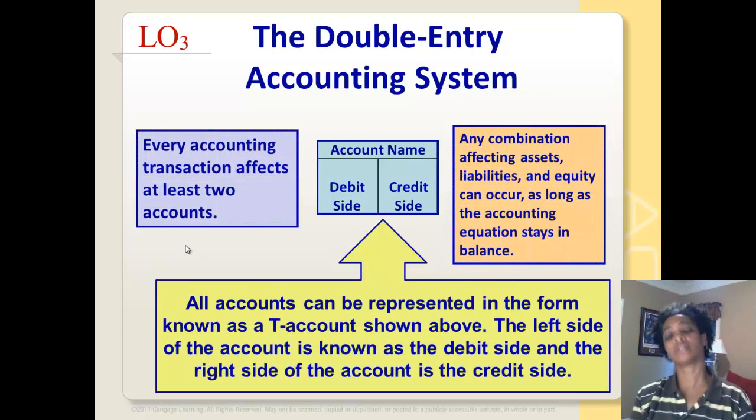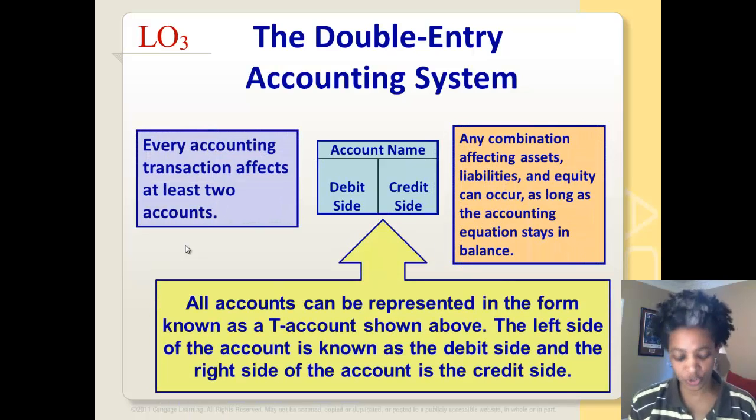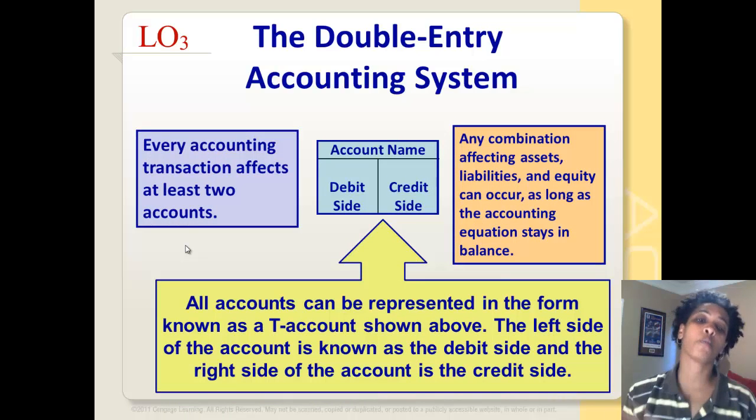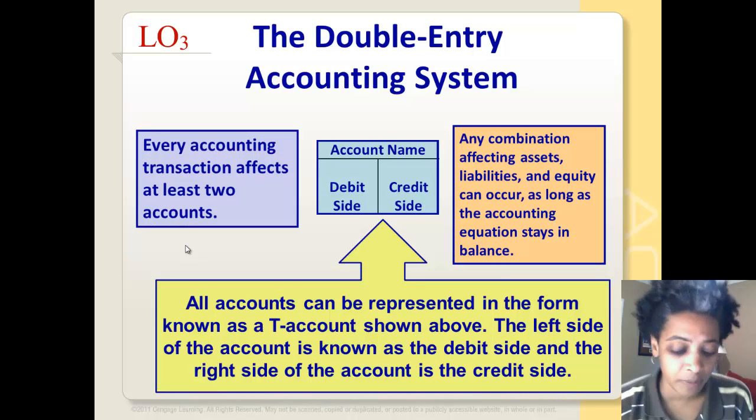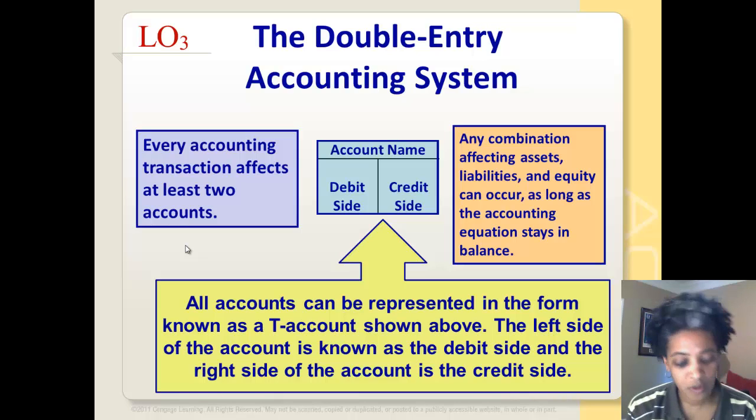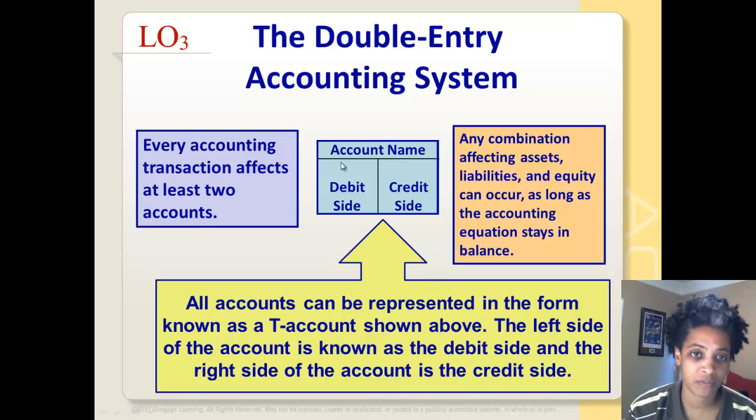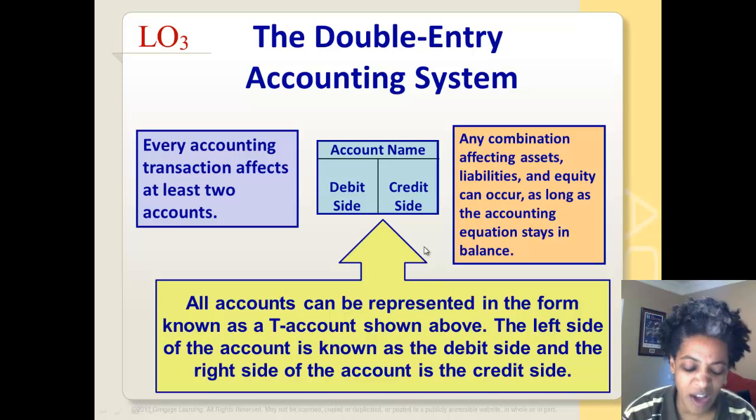So let's carry this conversation about this dual nature of accounting to a more formal discussion of the double entry accounting system. A T account, and that's what we've got in the middle of this slide here, because you should be able to see this black T. A T account is a device, or you can think of it as a convention, for organizing and accumulating the accounting entries of transactions that affect just one account.